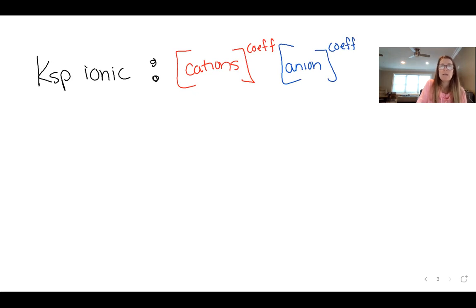Because the KSP reaction that you're considering is some cation bound to some anion. And in this case, I'm going to make that anion need 2 of them to balance the charge on that cation. And that solid is going to dissolve, and because it's ionic, it's going to dissociate into cations and anions.